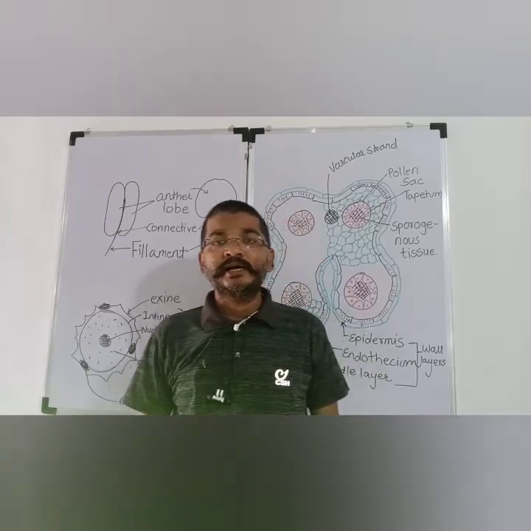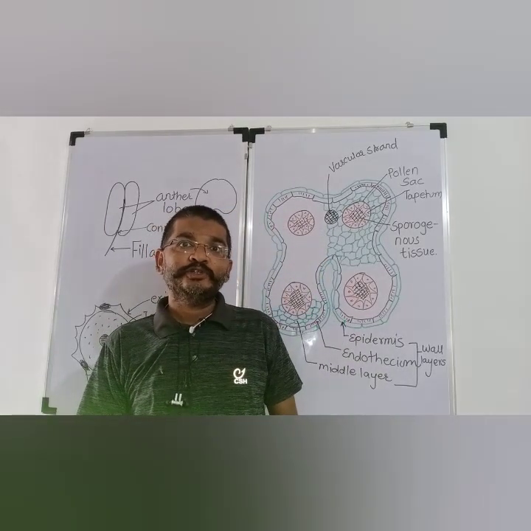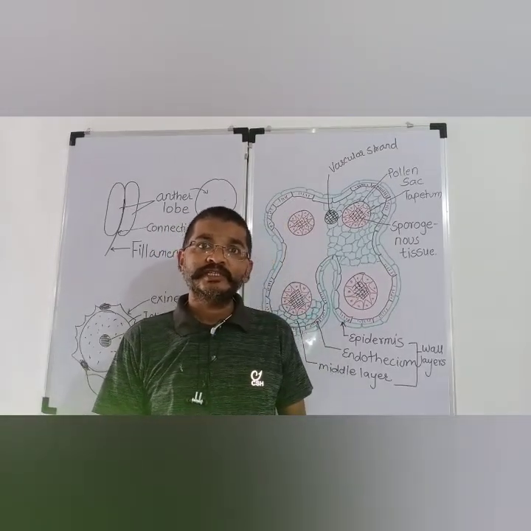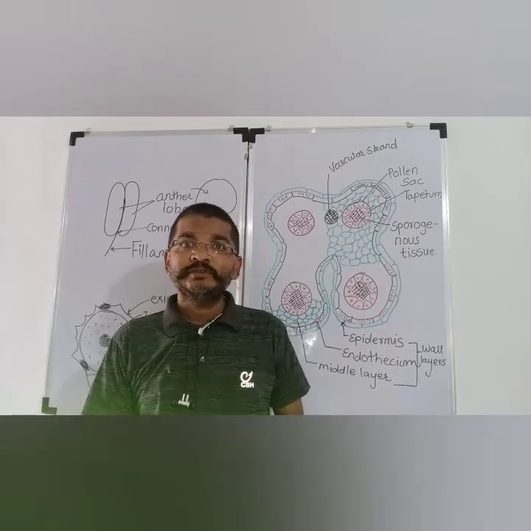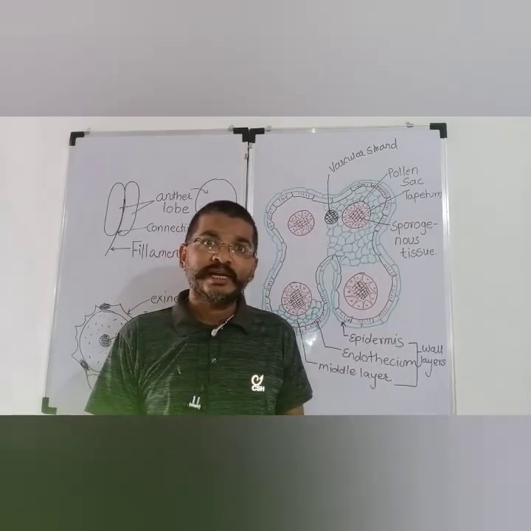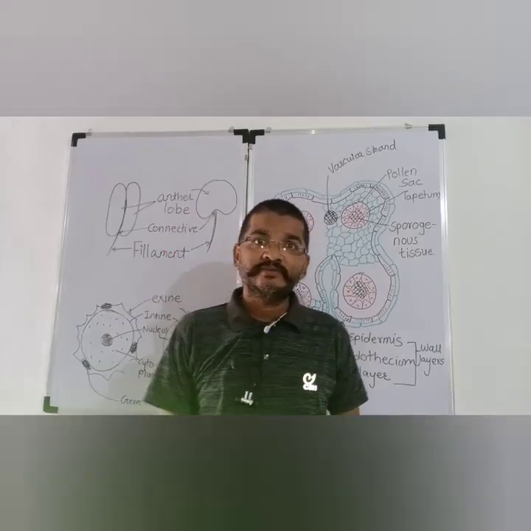Calyx and corolla are called non-essential whorls, whereas androecium and gynoecium are called essential whorls. Why? Because androecium is the male sex organ and gynoecium is the female sex organ. Both are directly involved in the process of sexual reproduction. Therefore, they are called essential whorls.